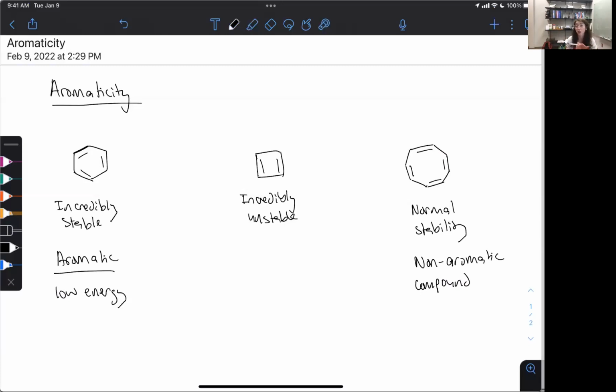It doesn't fit into the aromatic category, and it doesn't fit into anti-aromatic, which is our cyclobutadiene. Okay, so anti-aromatic is incredibly high energy.